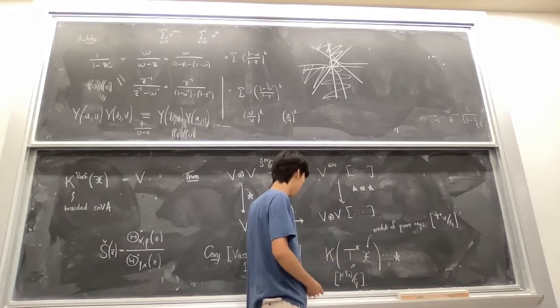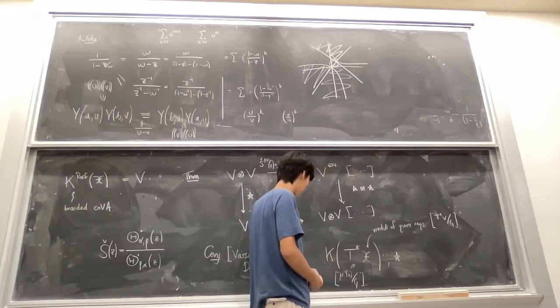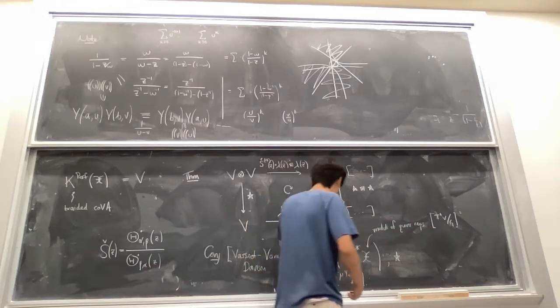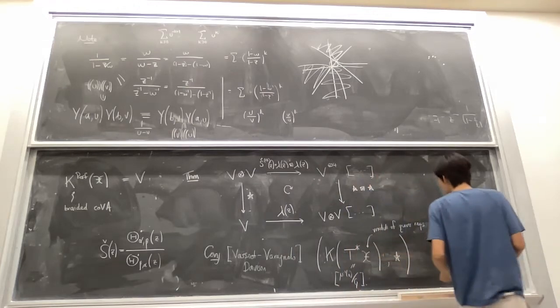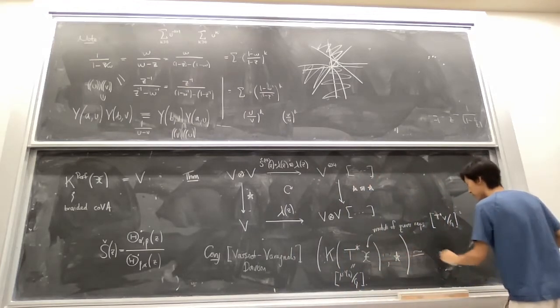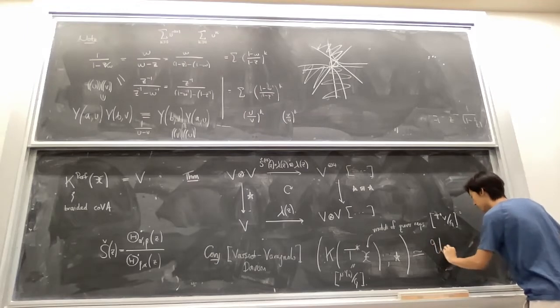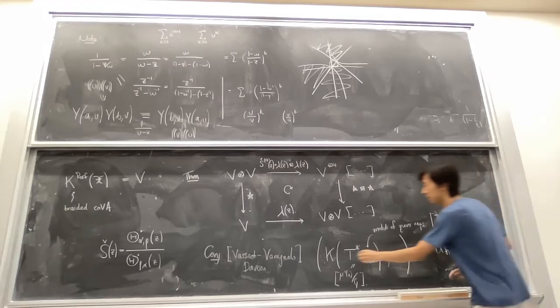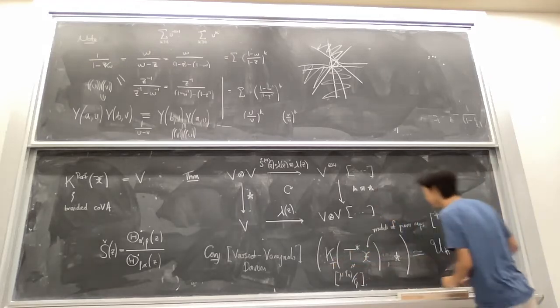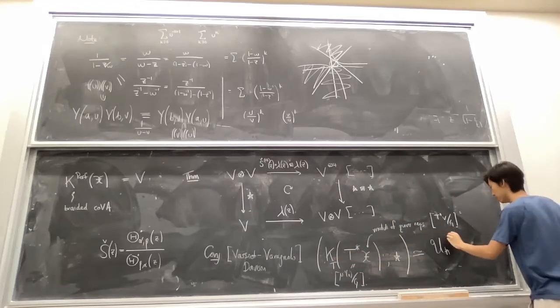There's some conjecture that this is supposed to give the positive part of some quantum group.